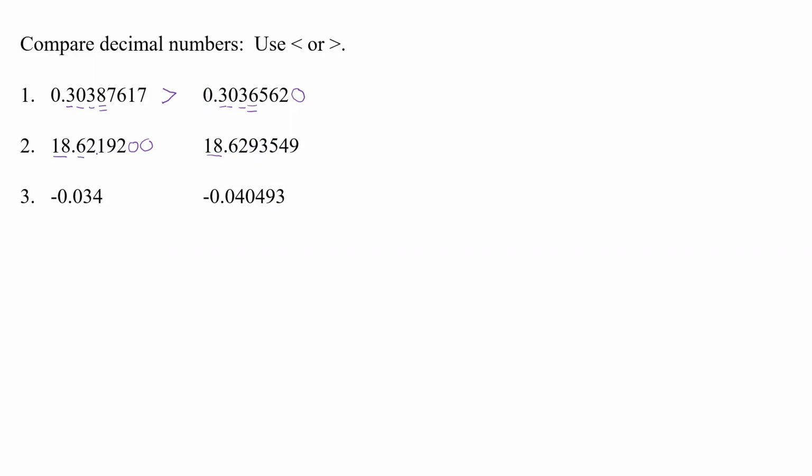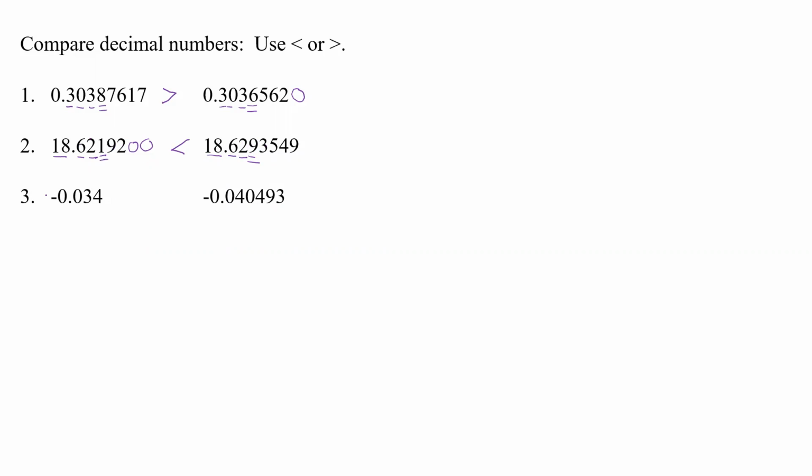Then we have a 6, a 6, a 2, a 2, then a 1 and a 9. So the 1000th position is the difference. The 9 is bigger than 1, so this number is larger because again, it's a positive number. And so we write it as that number is bigger than this number.